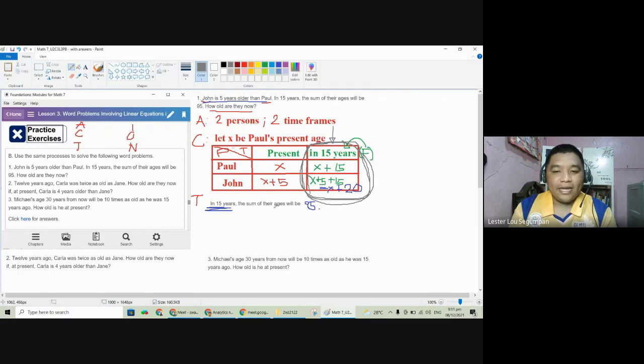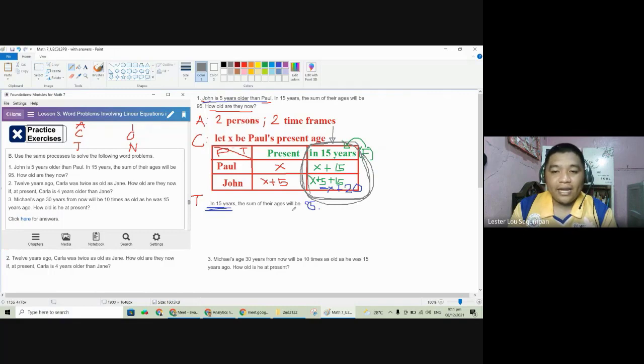So the sum of their ages will be 95. Whose age are we adding? Of course, Paul and John. So in 15 years, we are going to add their ages. And what is now the age of Paul? Do you say X? The answer is no, because X is Paul's present age. But here it's highlighted that we are going to use their ages, Paul's and John's, in 15 years.